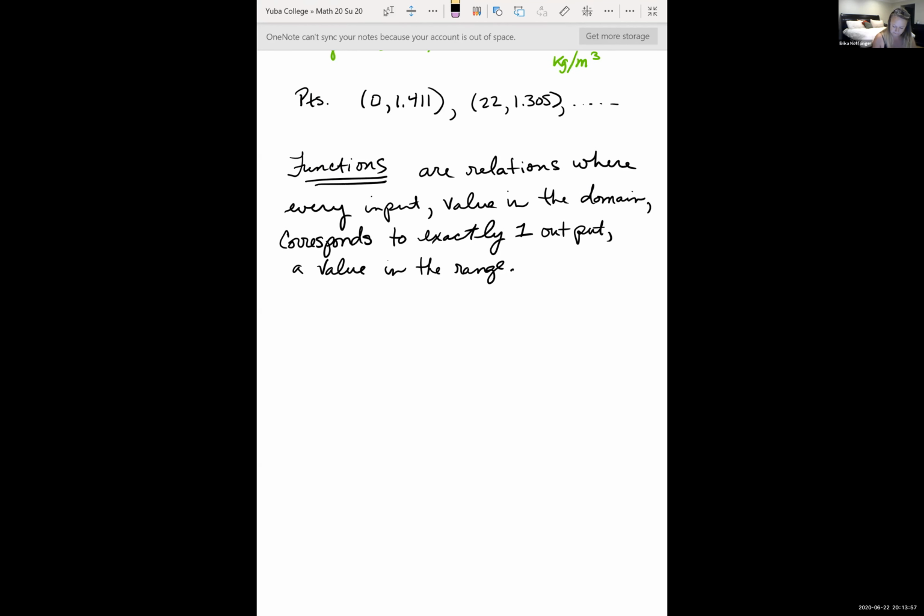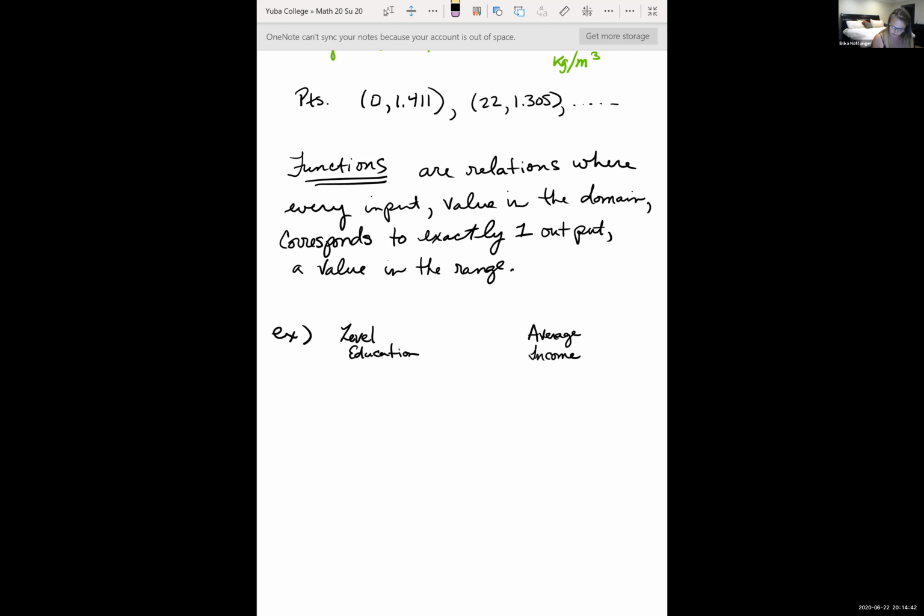And so looking at the following example, we're going to determine the domain, the range, and then determine is this relation a function or not. So let's say you're given the following. The level of education is one set, and the average income is another set.